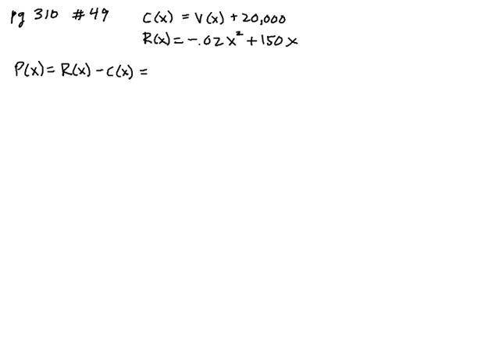So I've got negative 0.02 x squared plus 150x minus, be careful, the cost function, which is the variable cost and the fixed cost, have to be subtracted.